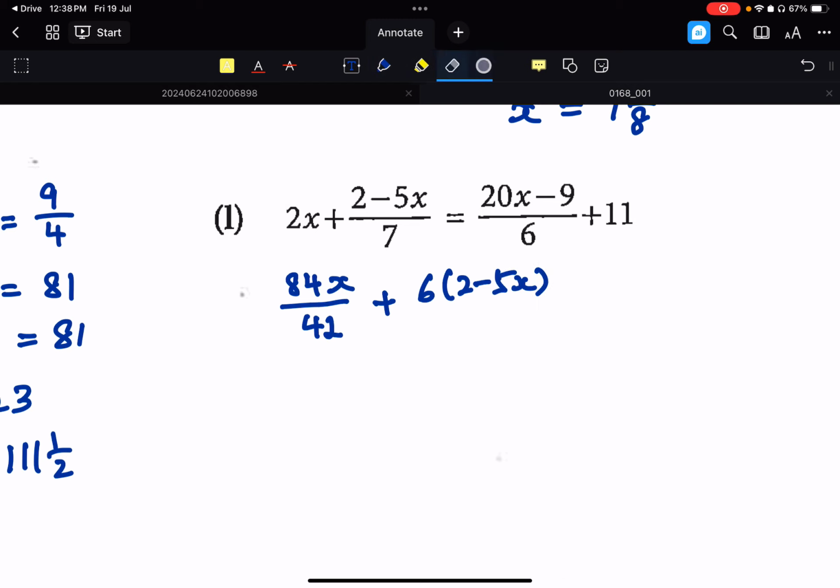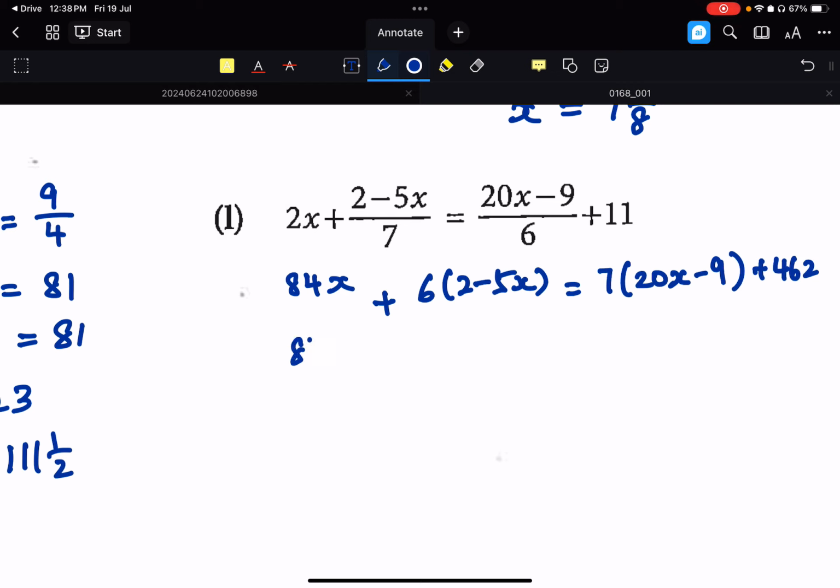Now, since I'm very confident that my denominator is going to be the same, I can just write the numerator, and on this one it will be 7 times (20x minus 9), and 11 plus 2 times 462. So expand carefully.